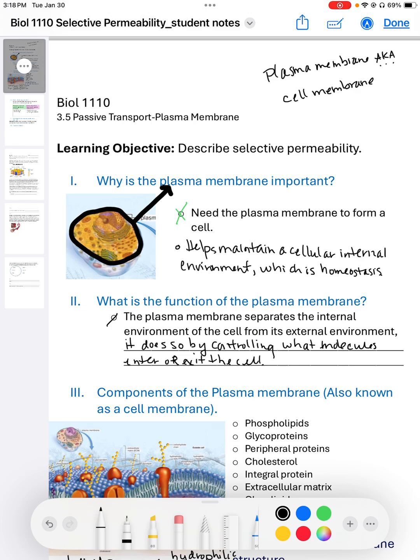So it's going to control what comes into the cell, what comes out of the cell. That's the function of the plasma membrane.